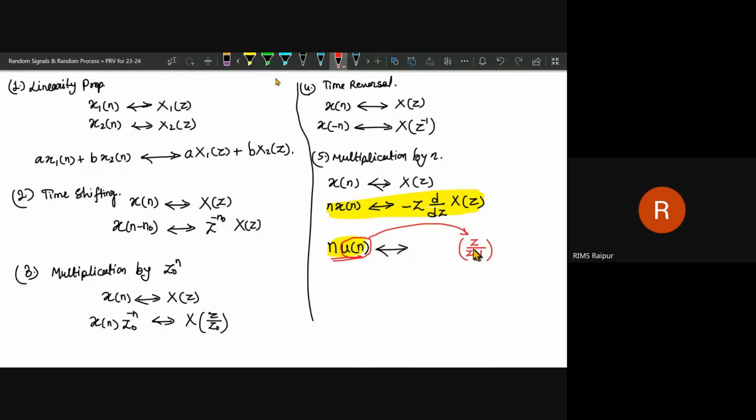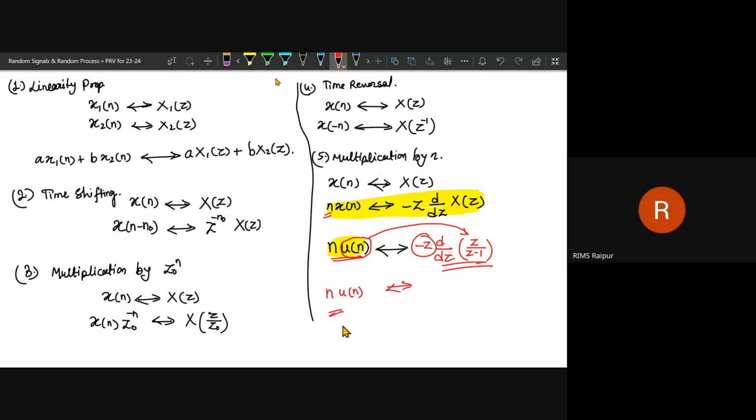Since we are multiplying with n, in the Z domain we have to write minus z d by dz of this expression. So just differentiate this expression and multiply it with minus z, and you will get the Z transform of n u of n. Just try to do it on your own.